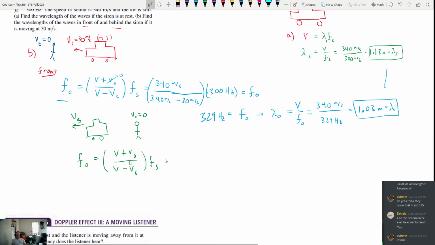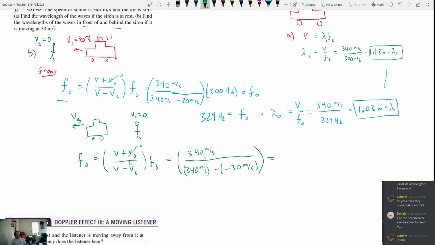So we have this being 0 again. So we're going to have 340 minus negative 30. I hope that's not too confusing for you all, the way that I've defined these sign conventions.